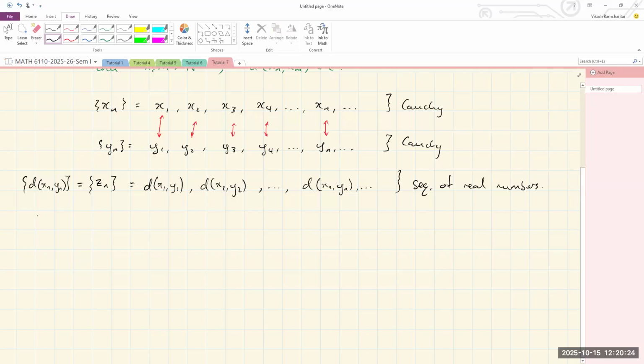All right, so the proof goes like this. Let's see how we can prove this. Proof: we are required to prove that the sequence zn converges. And notice that this sequence is a sequence in R, with the usual metric in R, which is a complete metric space.